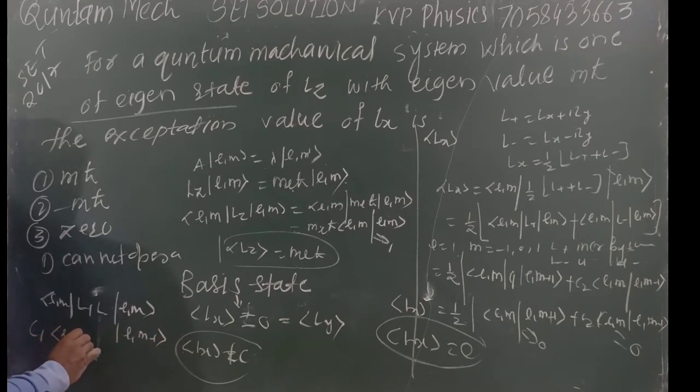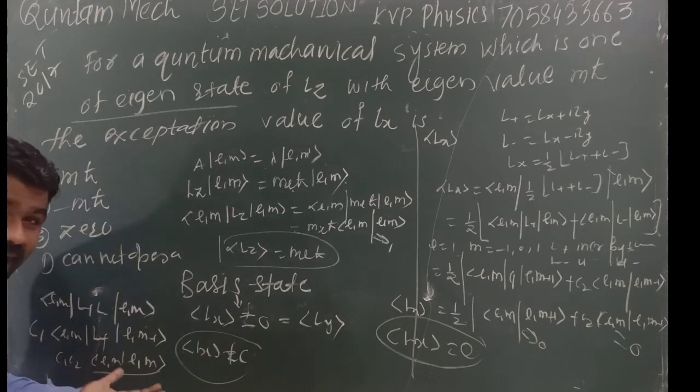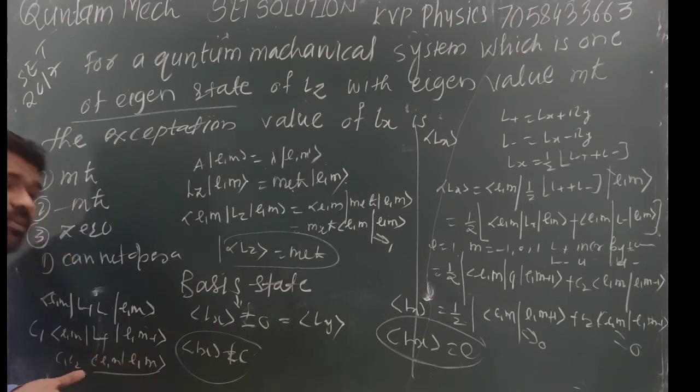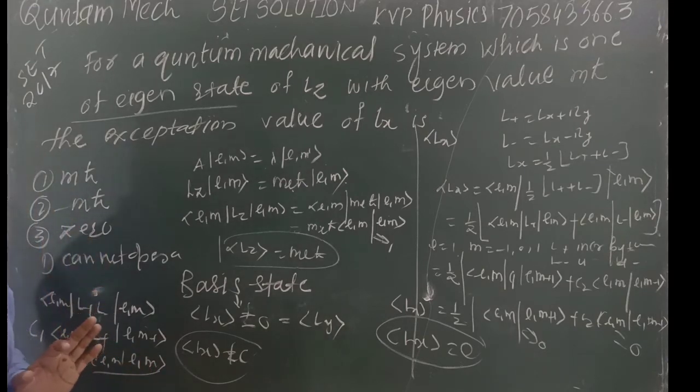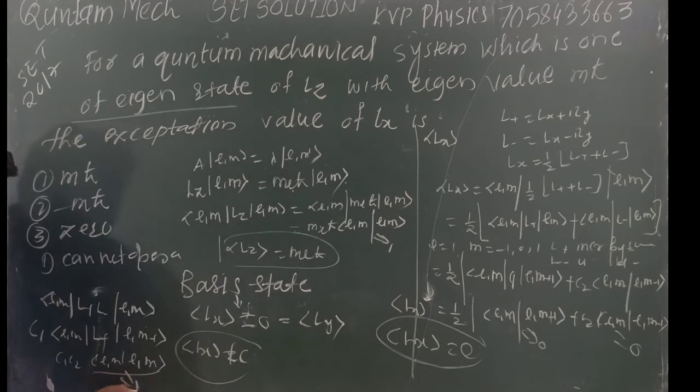Now which one is remaining? L plus is the remaining operator. L plus operates on this state, and the state increases by 1, so this becomes |L,M>, getting some constant C2. Here the initial and final state will be the same, so this inner product is not equal to 0, meaning it is equal to 1. So the expectation of L plus L minus is not equal to 0.